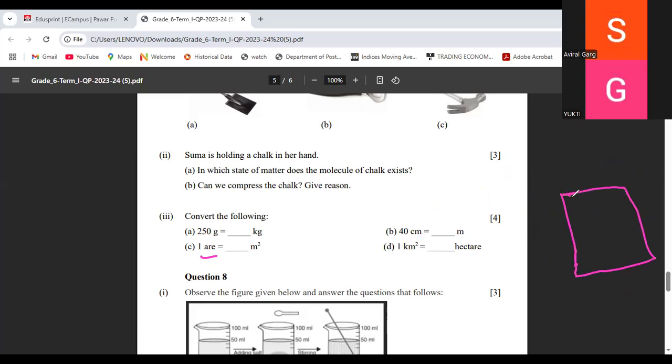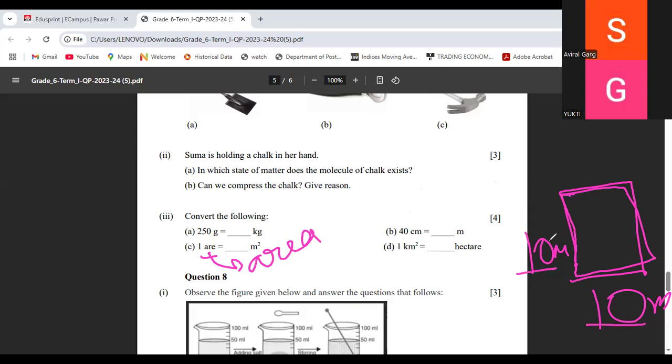One are was the area of a square of 10 meter on each side. So are is a unit of area. If this side is 10 meter and this side is 10 meter, the area of the square would be 100 meter square. So the answer is 100.